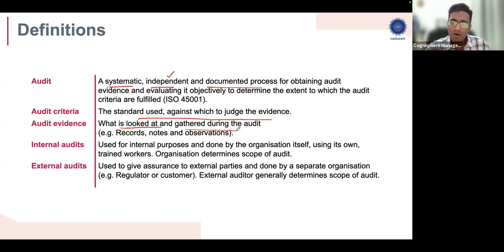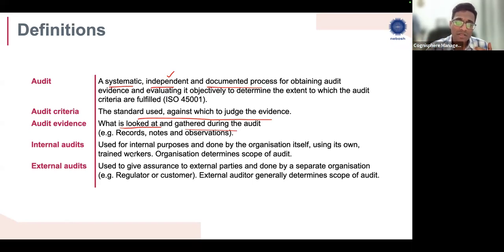So audit is all about identifying the weaknesses in your management system. So that is the whole purpose of the audit, to identify where the gaps are in your system, and then taking corrective action to remove the gap and to overall improve the effectiveness of your system.